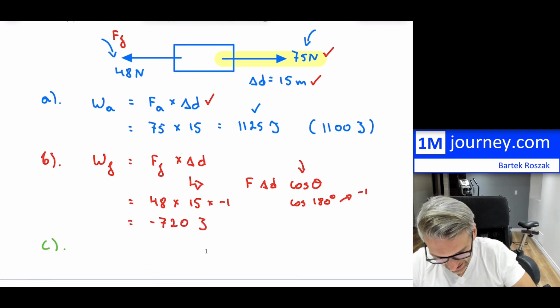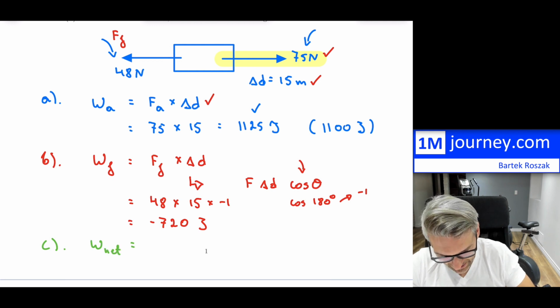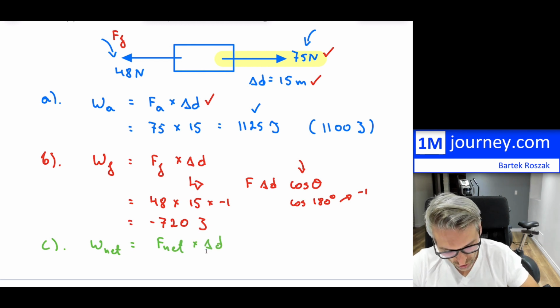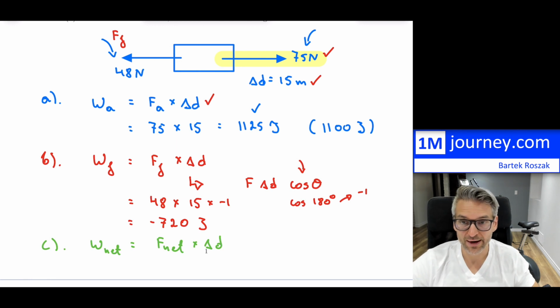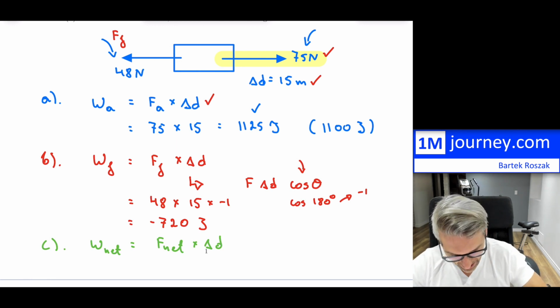In that case, if you're doing the overall work, the net work would be the net force multiplied by the displacement, and of course times cos of the angle. Notice that the net force is nothing else but 75 minus 48.